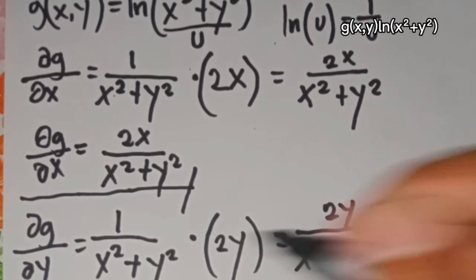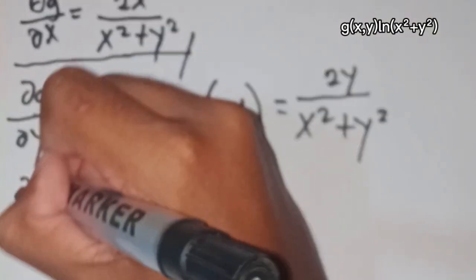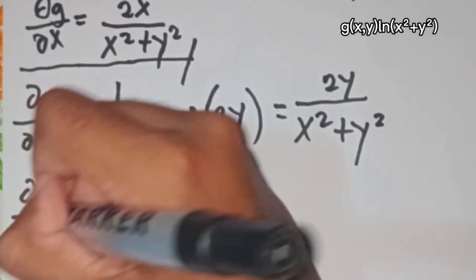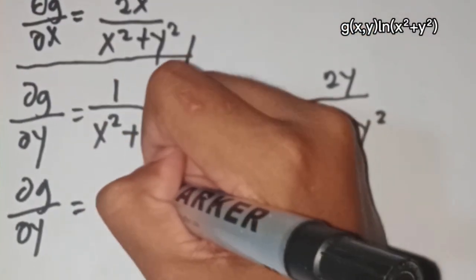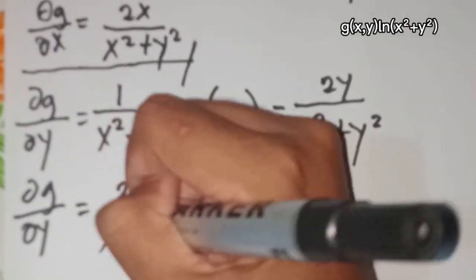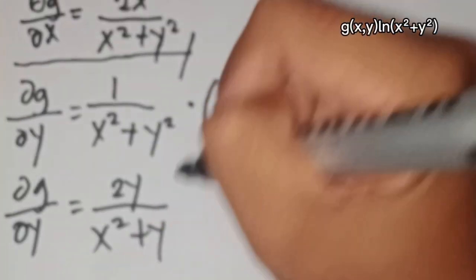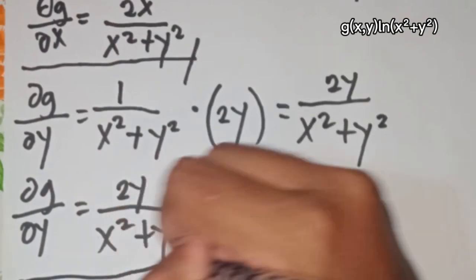So the final answer is the partial derivative of g with respect to y is 2y over x squared plus y squared. This is the final answer.